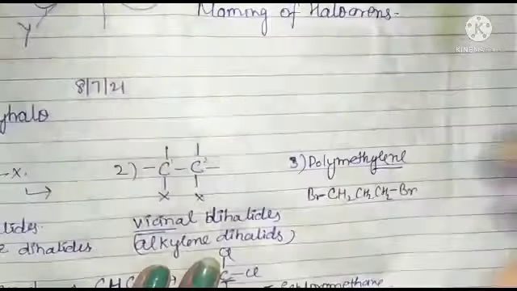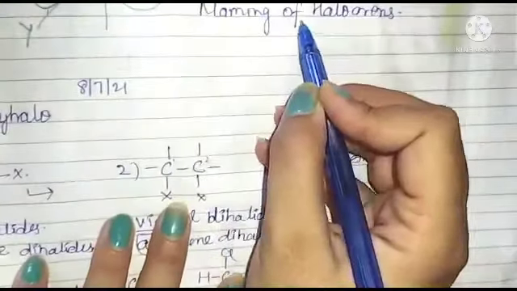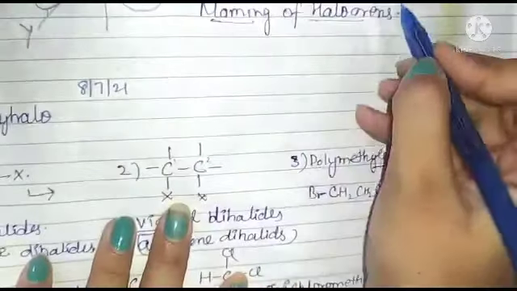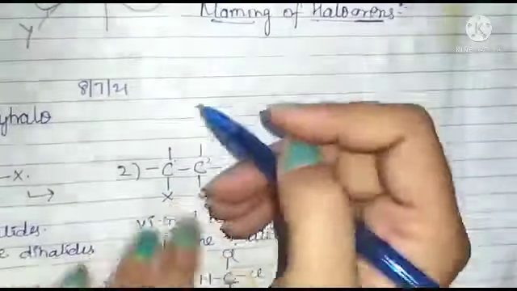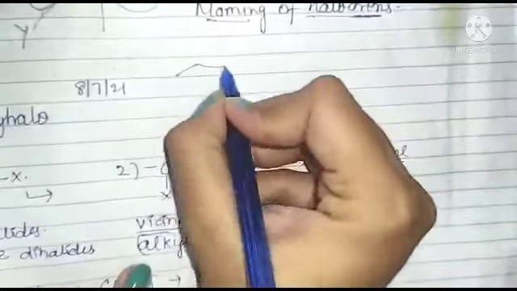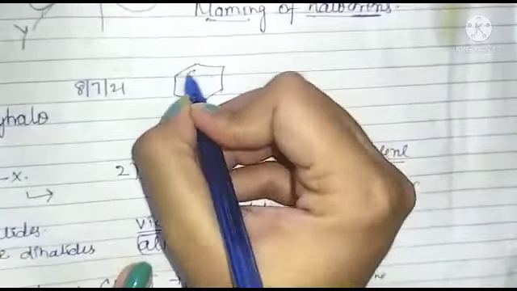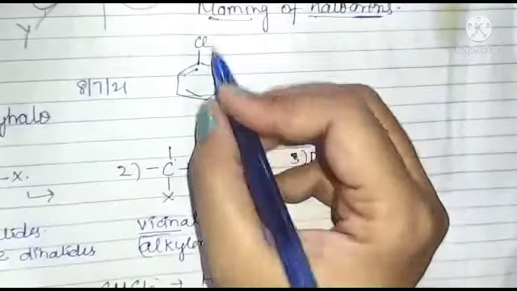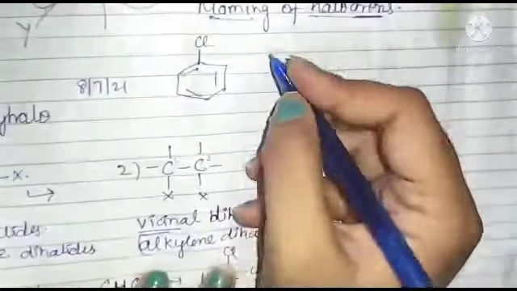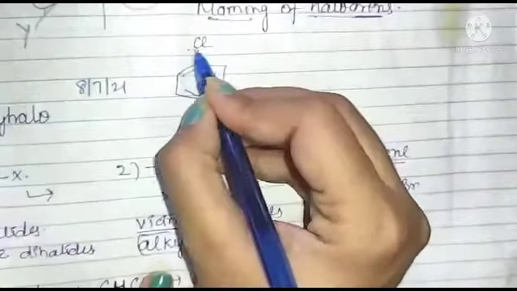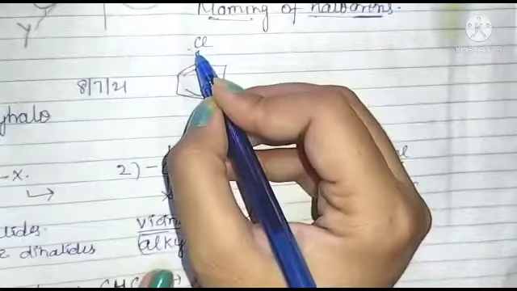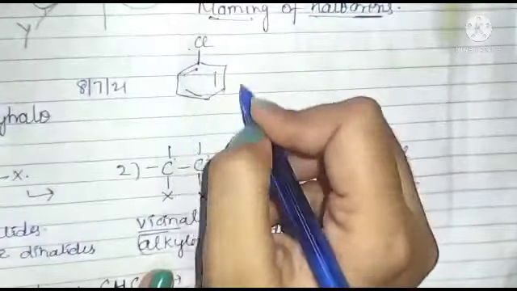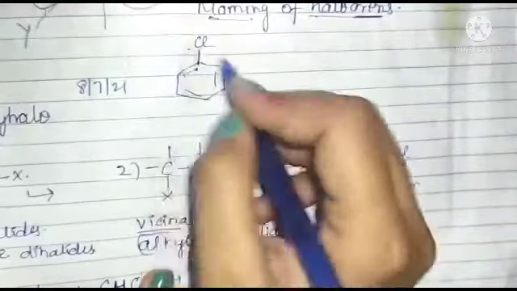Clear? Now next we have the naming of haloarenes. Now how is the naming of haloarenes done? Okay, we are taking an example of arenes now. So if I'm taking an example of this, we have a benzene ring here with some halogen attached to it, like chlorine. So how can we name it? First we have to write the name of that halogen, the halo compound. After that we have to write the name of that aromatic chain.